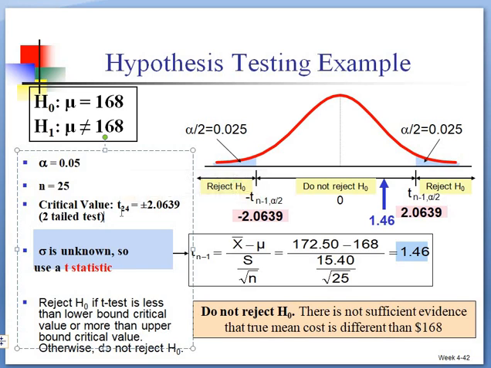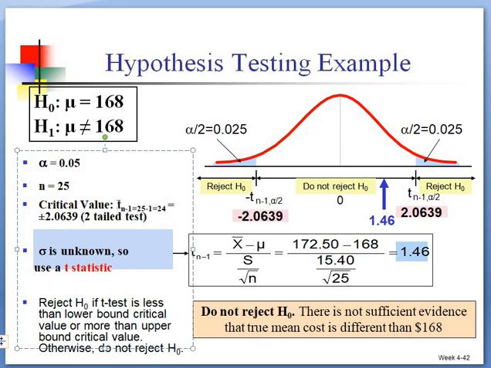The reason for 24 here, not 25, is because the degrees of freedom is n minus 1, equal to 25 minus 1, equal to 24.